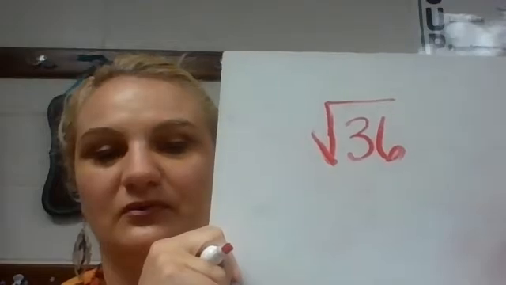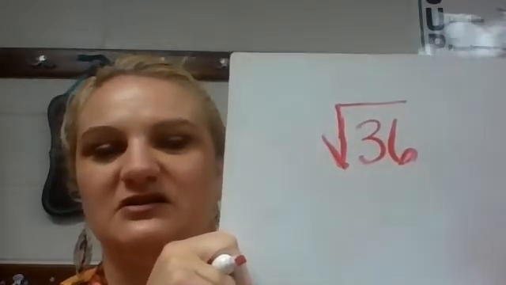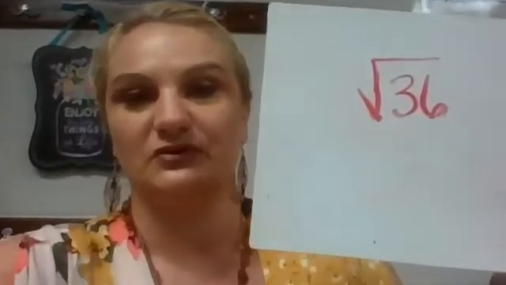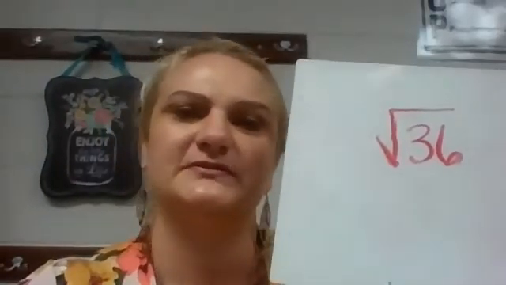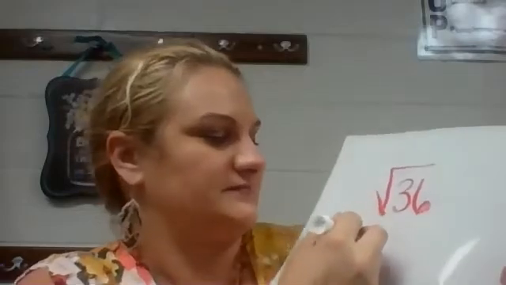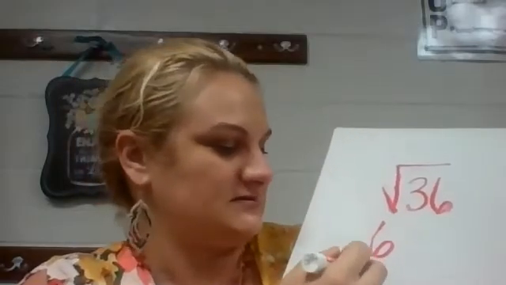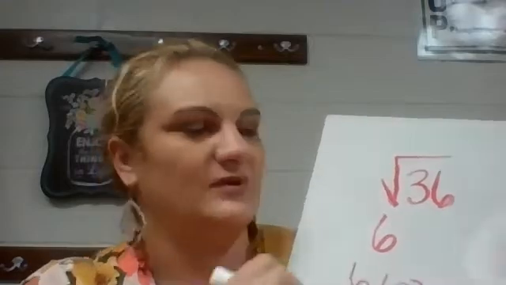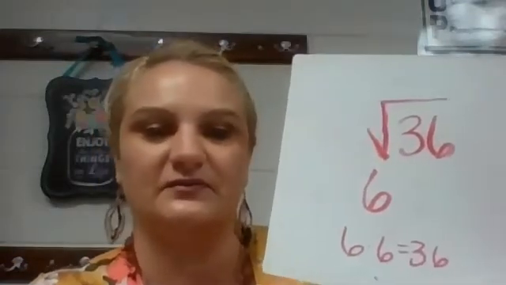Yes, right? So do I have to make a factor tree out of it? No, but what are my answers? 6. Because 6 times 6 equals 36. What is my answer? 6.